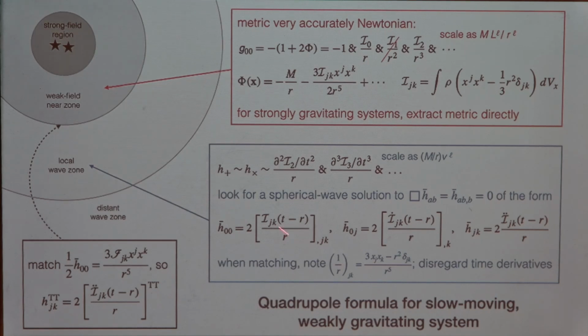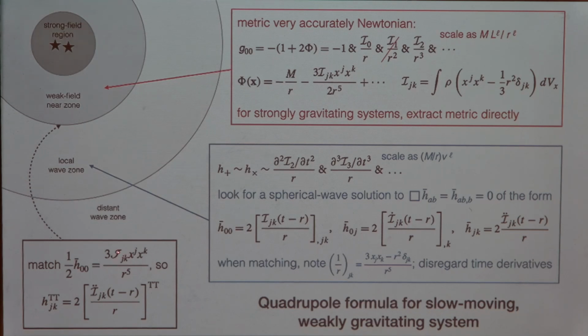And now we match at the notional boundary between this weak field and local wave zone, we match this solution to this one. Everything is moving slowly, so we can just disregard the time derivatives and only look at the 00 component. And these 2 space derivatives bring out something that looks like a quadrupole component. And so effectively then you can match h00, this component, to that term up there with a 3.